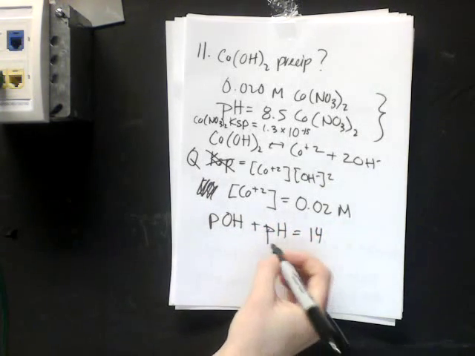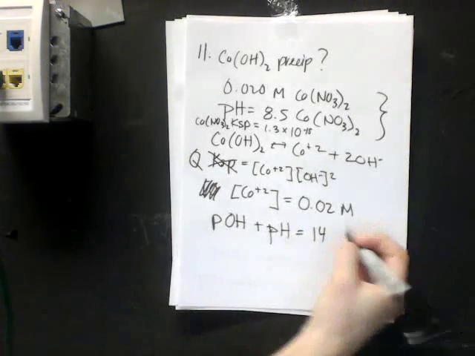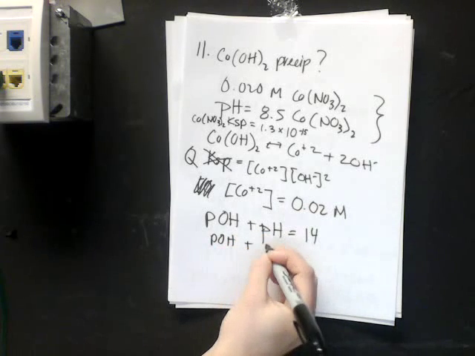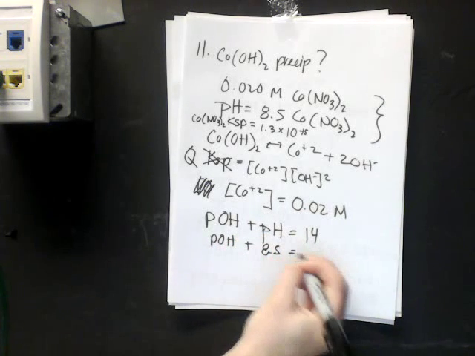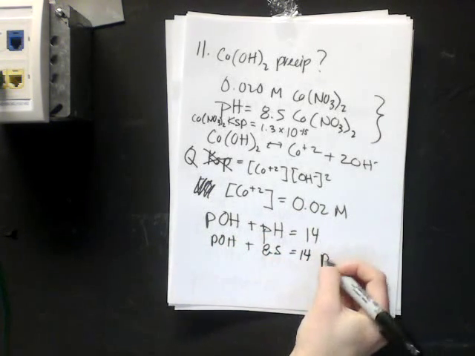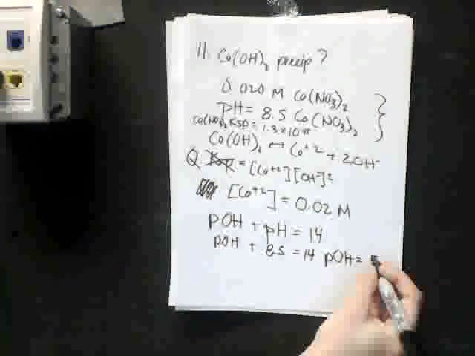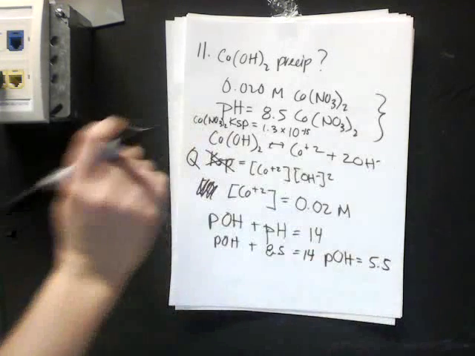My pH here is 8.5. So pOH plus 8.5 equals 14. Therefore, my pOH is equal to 5.5.